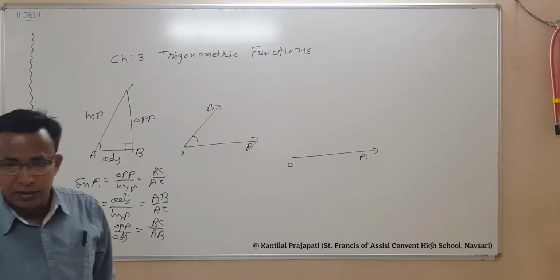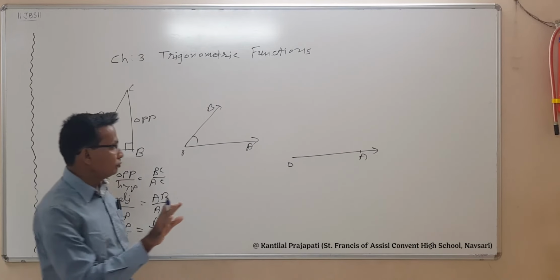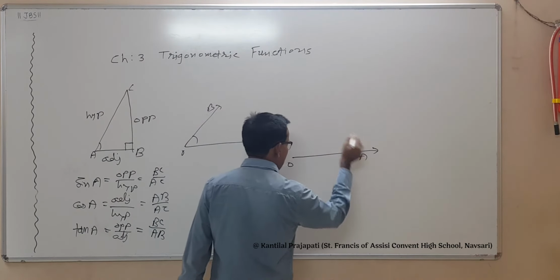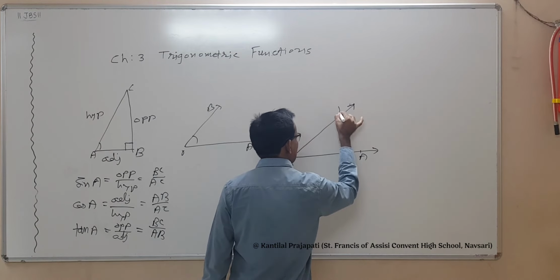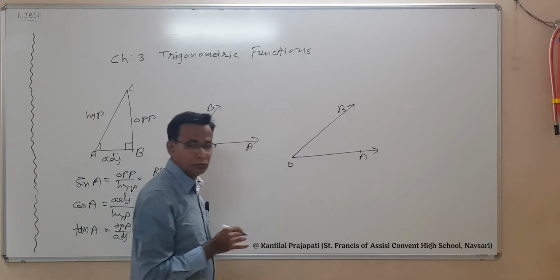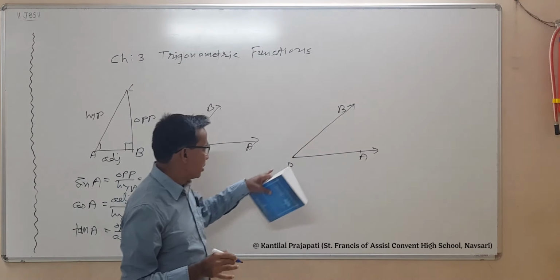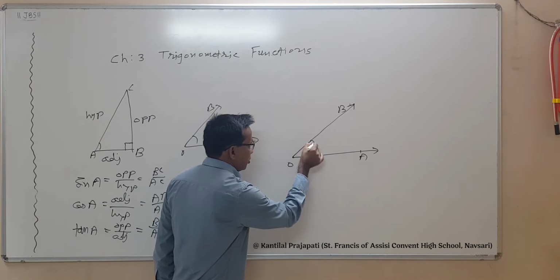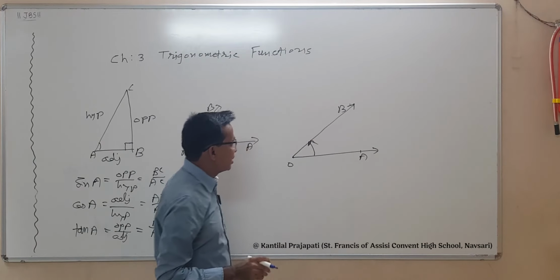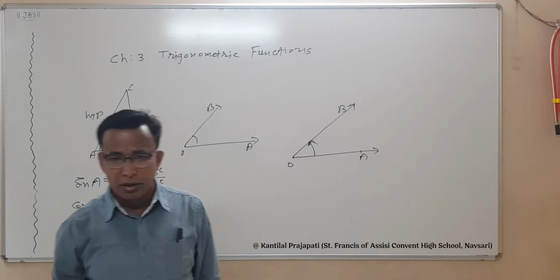Now we rotate ray OA in anti-clockwise direction or clockwise direction, and we get B. Then the measure of the rotation is called the angle.